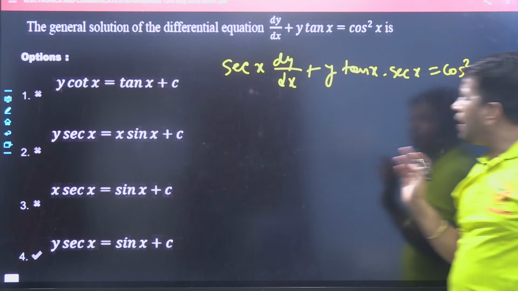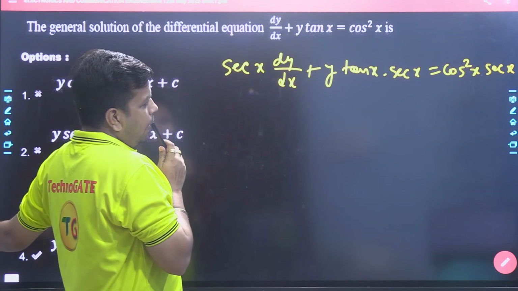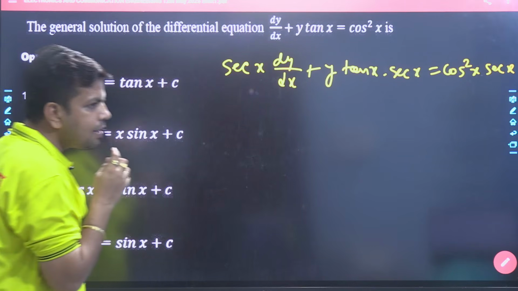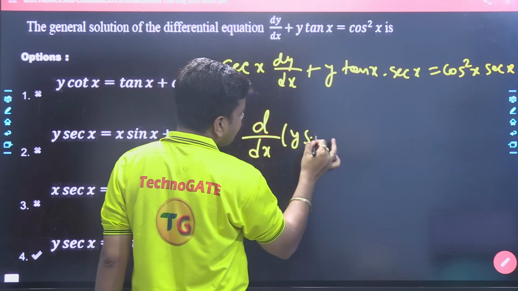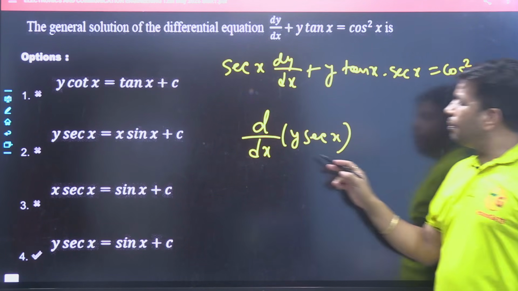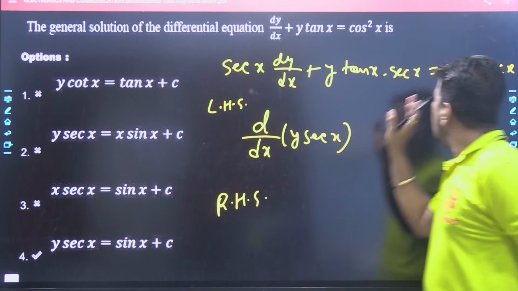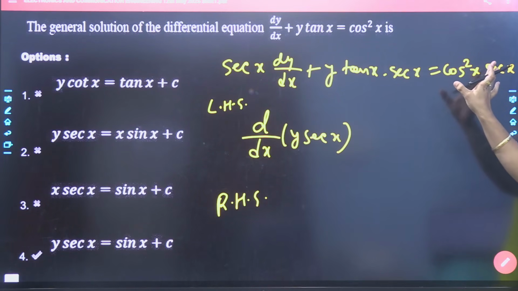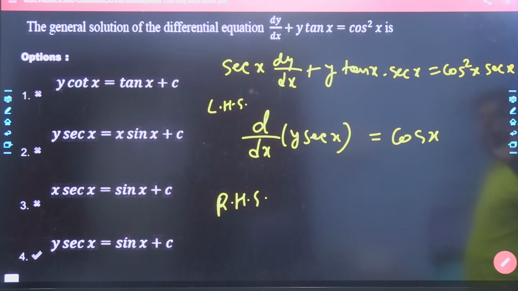On simplification, d by dx of y sec x would be the left hand side, and the right hand side of this equation on simplification is simply cos x, because sec x means 1 by cos x, so cos x and cos x cancel out.